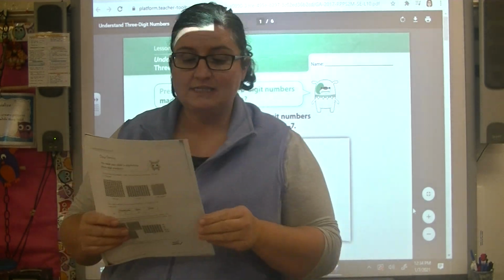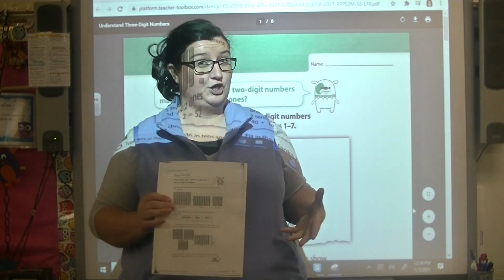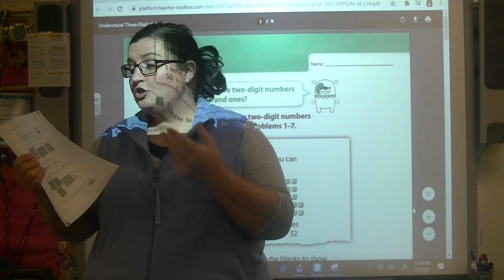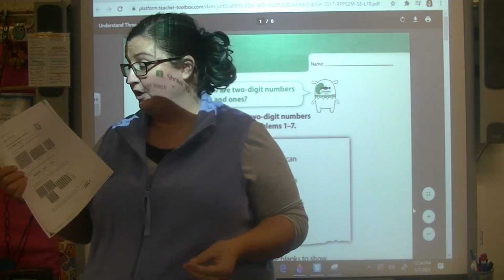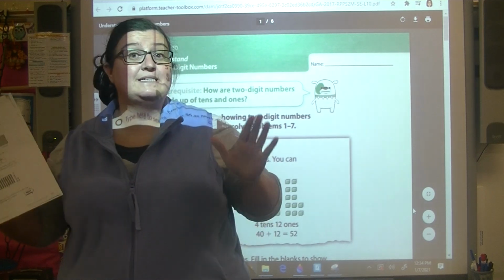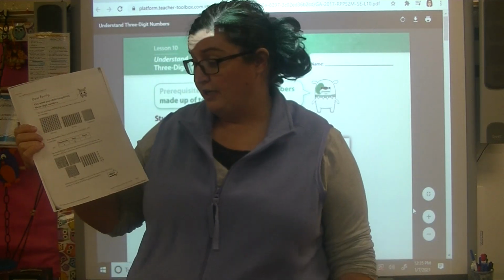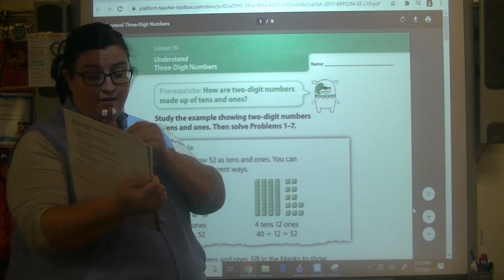All right, the first one is Lesson 10. Lesson 10 is basically a review and building on to what you learned in first grade. So it's 2-digit numbers building on to make a group of 100. It talks about how 10 tens equal a group of 100. And then it explains from there.